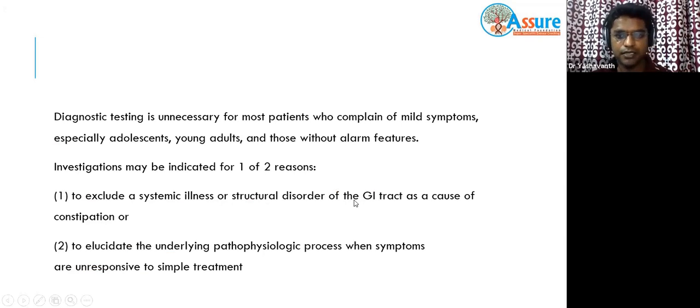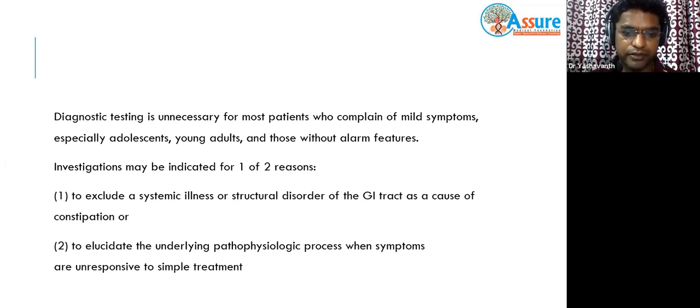Okay. So how do you approach a case? Mild constipation in your day-to-day practice, you need not do any evaluation. You can treat symptomatically unless it is dyssynergic defecation at presentation. So patients tell you that they have to strain, they have to put a finger to take out the stool, or they have something bulging out like a rectocele, or some bleeding is there.